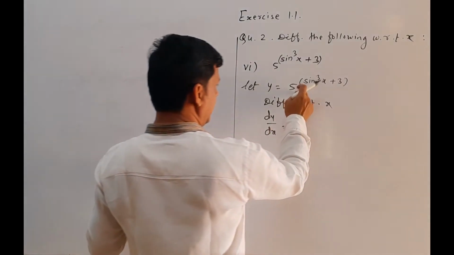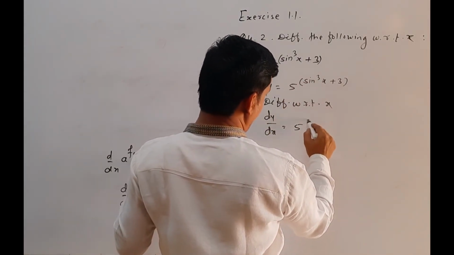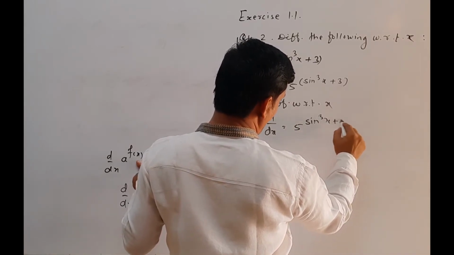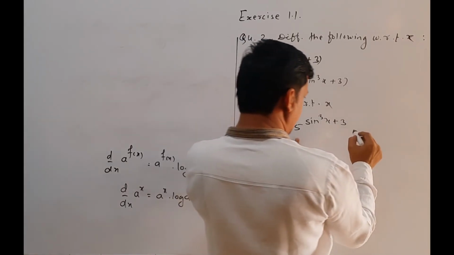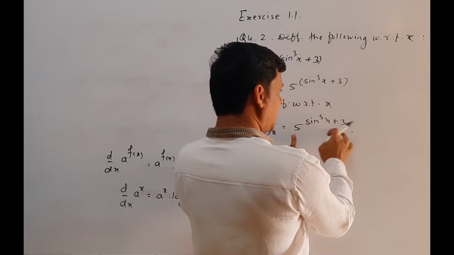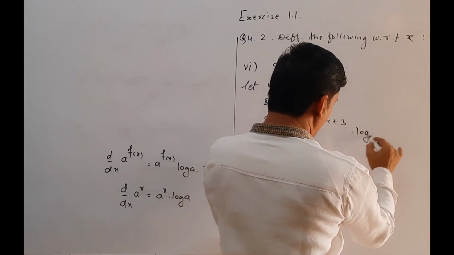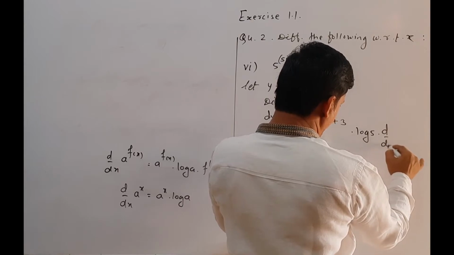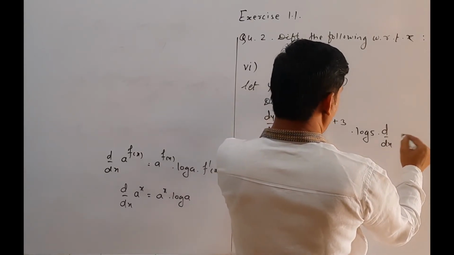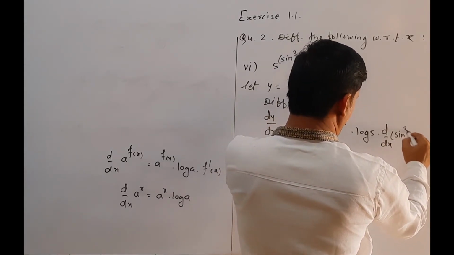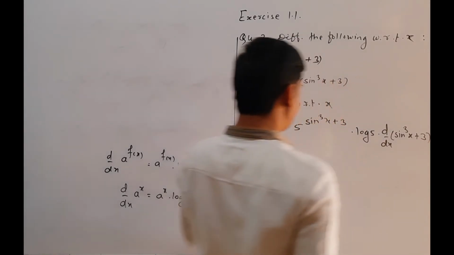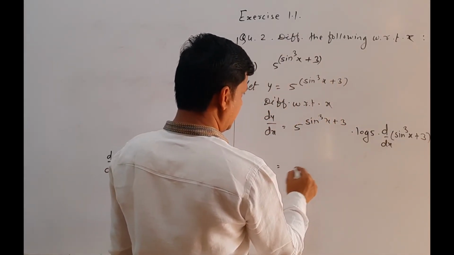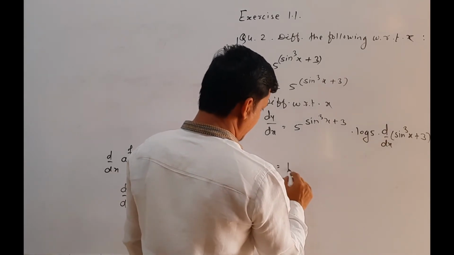So we write here the derivative of 5 raised to the power sin cube x plus 3 as 5 raised to the power sin cube x plus 3 into log 5 into d by dx of this sin cube x plus 3, sin cube x plus 3. So we write here this log 5 at first position.